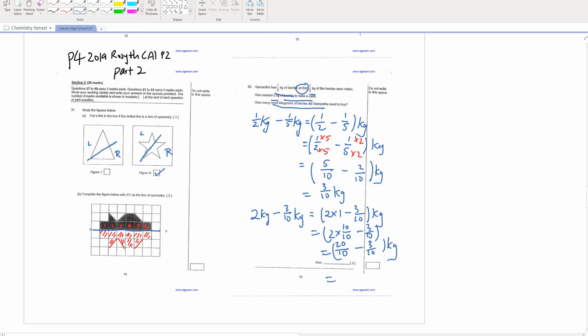So the final answer is 20 minus 3, which is 17 over 10 kilograms. For this question, it is not necessary to convert the answer into a mixed number. Leaving it in improper fraction is fine.